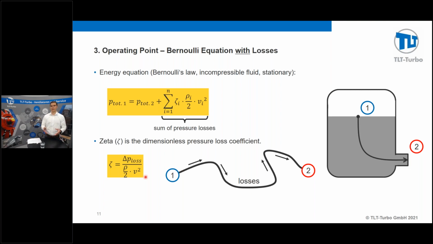So let's say every corner: if it looks similar, you can make it shorter or bigger or smaller. As long as it's geometrically similar, it has the same and constant zeta value. So that's quite good for us in order to then calculate all the pressure losses in a duct system, in order to get to know what kind of pressure rise our fan needs to provide.